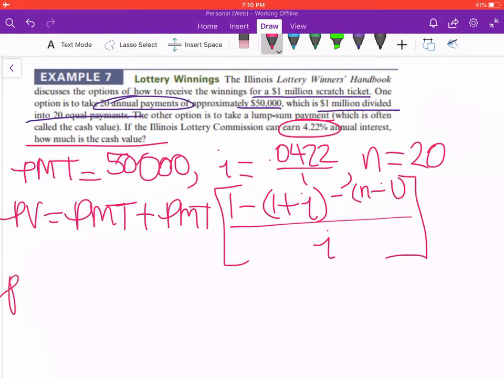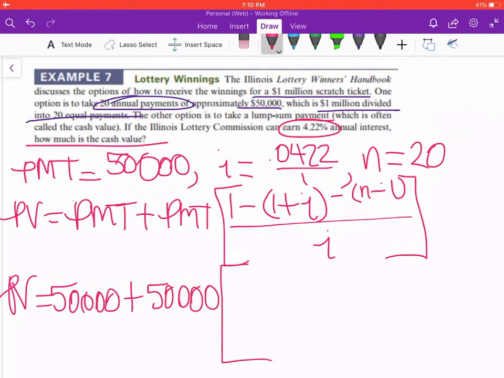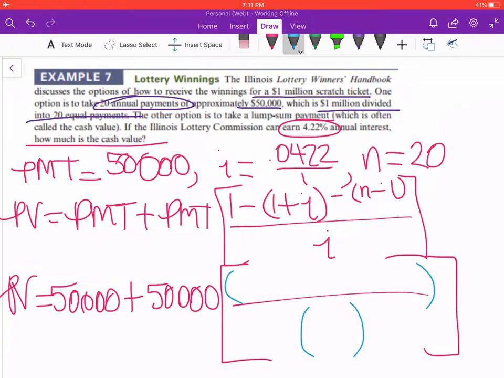So the substitution for this one will be the payment, which is $50,000, plus the payment again. Then here you will need parentheses for your numerator, and your denominator will just be 0.0422. Here you will need 1 minus, and then 1 plus 0.0422.